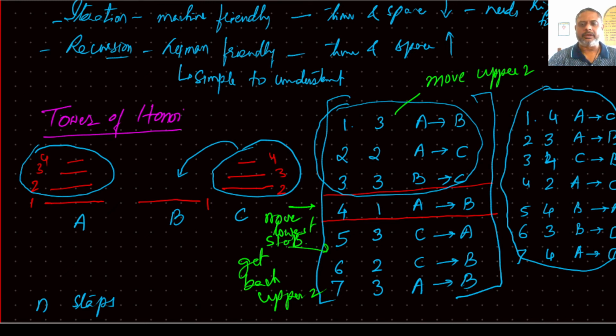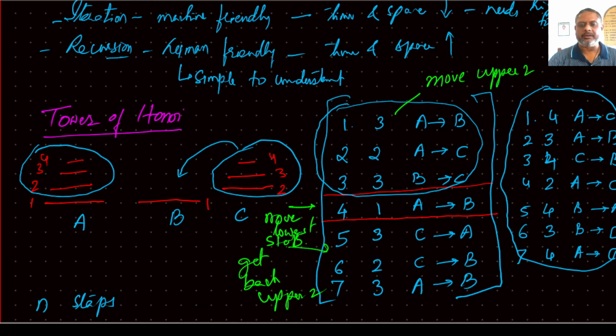So in general terms, if you are working with 3 slabs, first the upper 2 slabs you moved, then the lower slab you moved, then placed back the upper 2 slabs. So 3 means you have to move 2 to keep only 1.